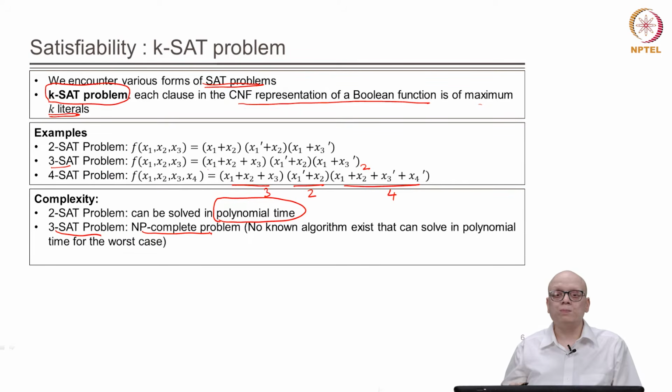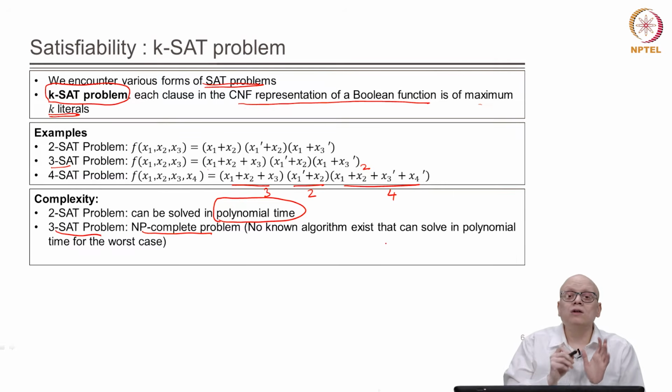And what is an NP complete problem? An NP complete problem is a difficult problem, and no known algorithm exists that can solve this problem in polynomial time for the worst case.